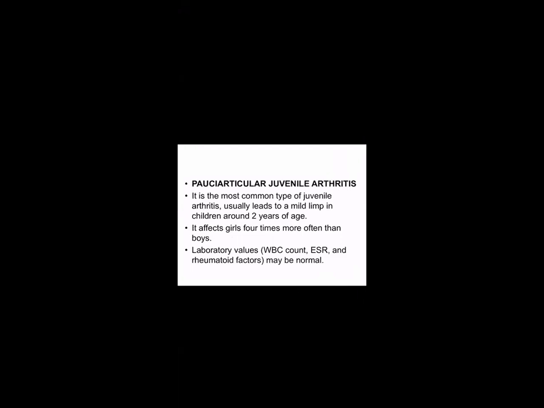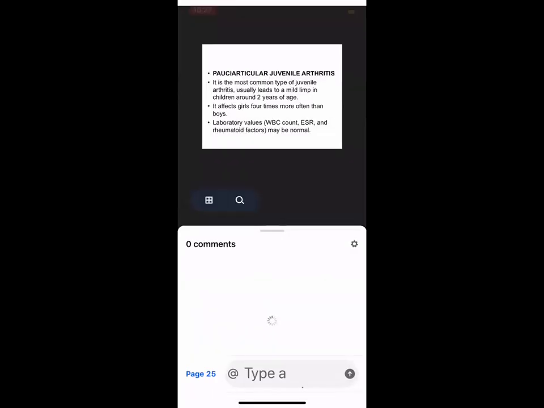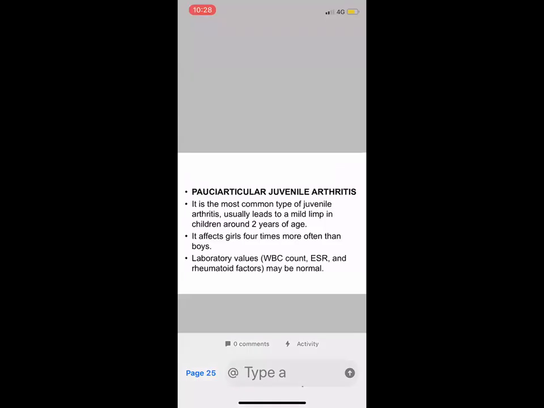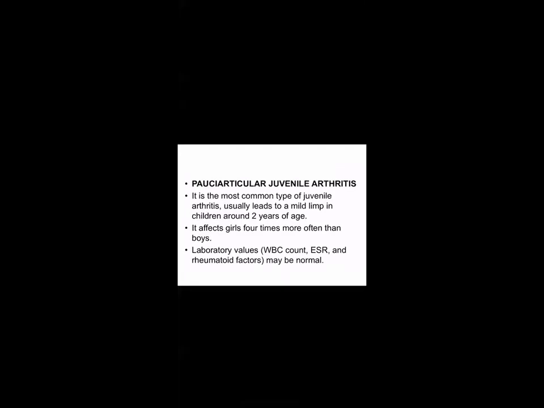Juvenile arthritis, pauciarticular juvenile arthritis, sometimes can present in only a single joint, which you need to be careful about.